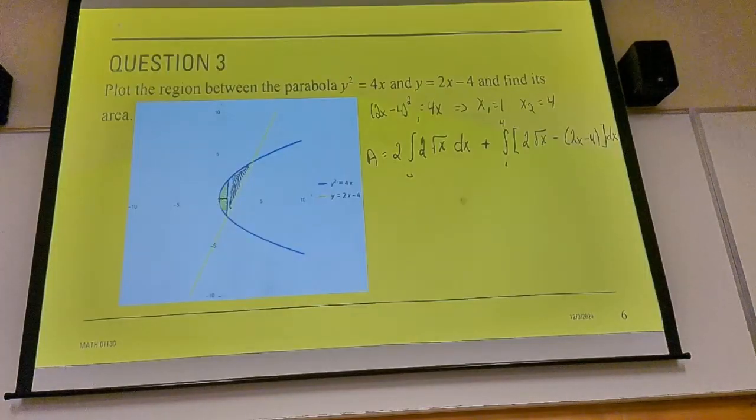There's the area setup. Simple antiderivative for root x.